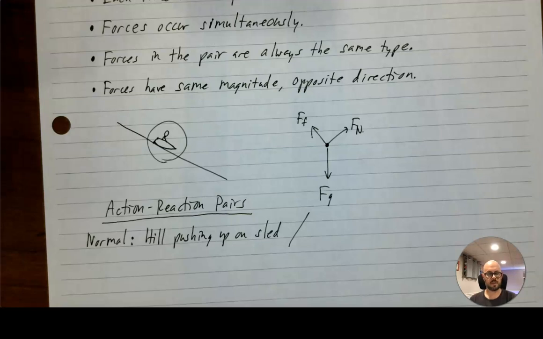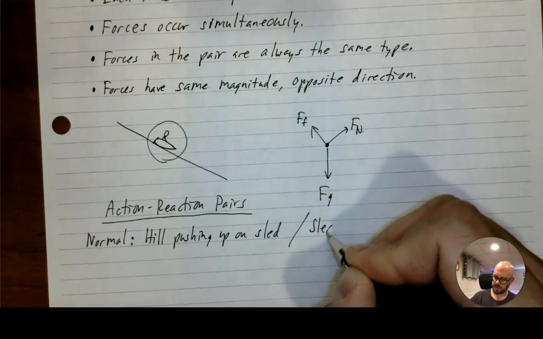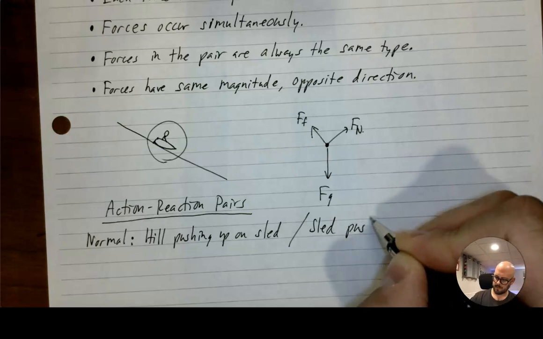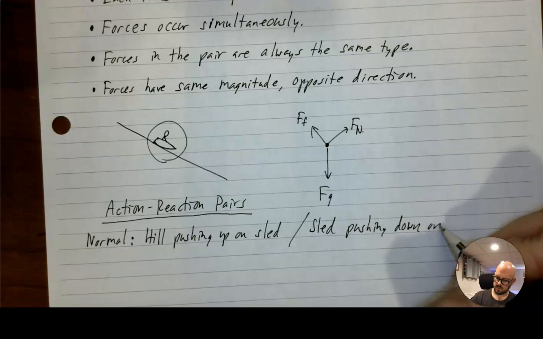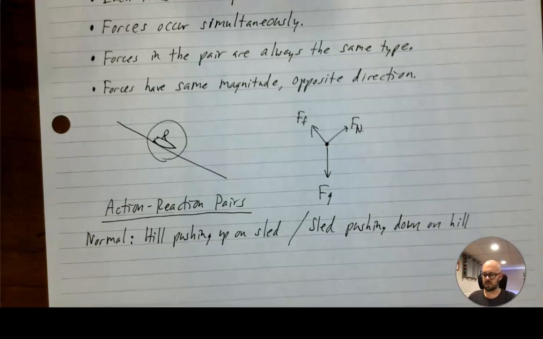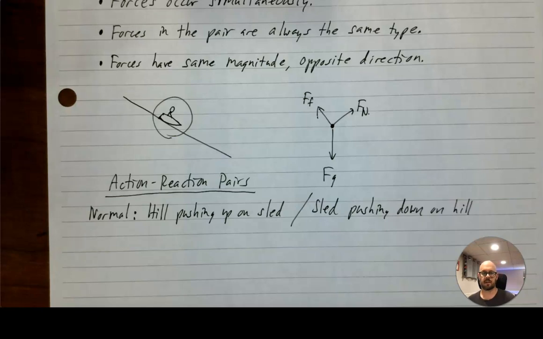Well, there is an equal and opposite reaction force where the sled is pushing down on the hill. There would not be a normal force on the sled if the sled weren't also pushing down on the hill. That causes the other force to exist at the same time.